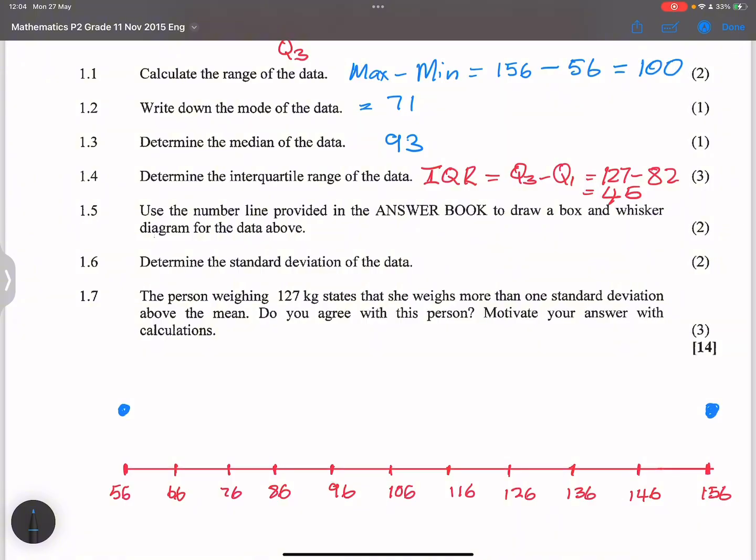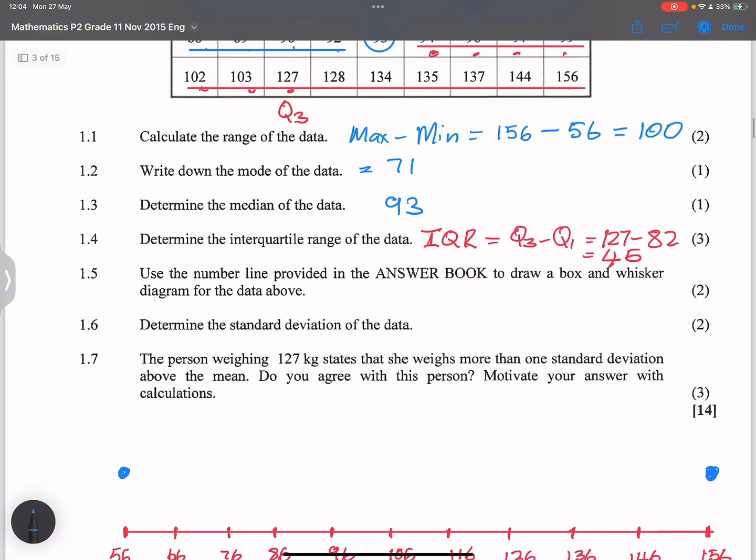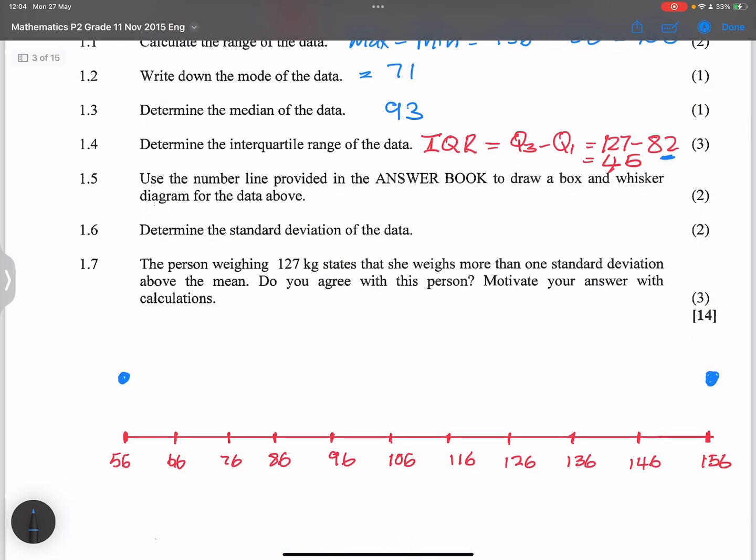All right, now we said our Q1, right? You remember that we had our Q1 at 82, right? So 82 should be somewhere here. That's our Q1 value. And we've got Q3 at 127. Okay, so it should be somewhere here. So this is our Q3 value.